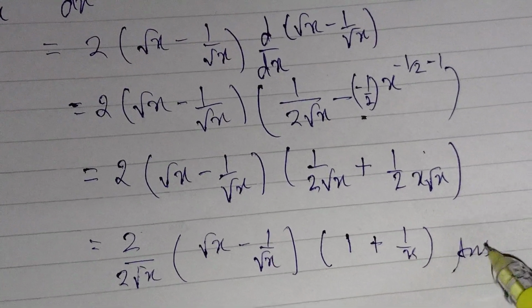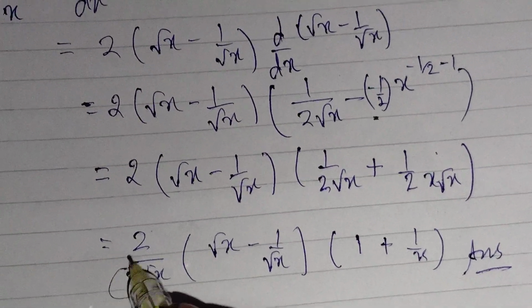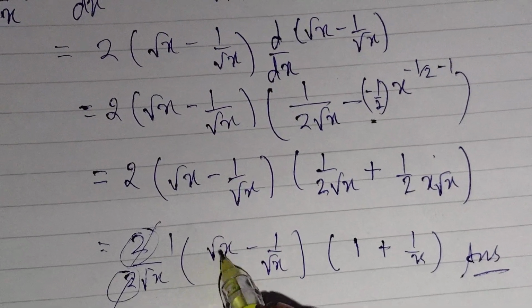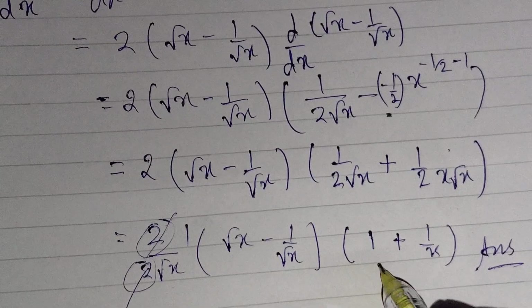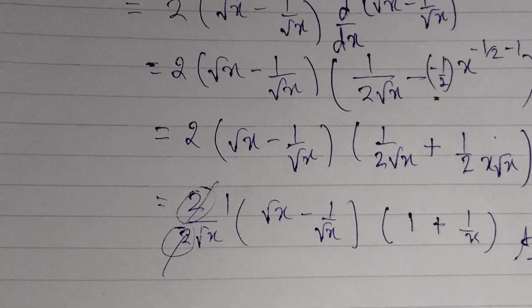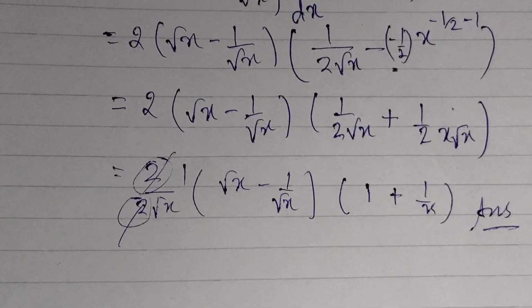So this is the answer. We can multiply if we want, and 2 we can cancel out, and finally we get 1 upon square root x, bracket square root x minus 1 by square root x, bracket 1 plus 1 by x. This is the answer. Next we are considering a similar problem, again using the chain rule.